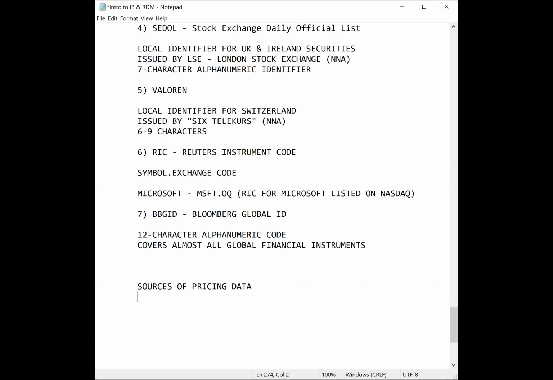From where do we get the pricing data? From the external data providers. And from where do the external data providers get the data? By connecting their feeds from exchanges around the world.